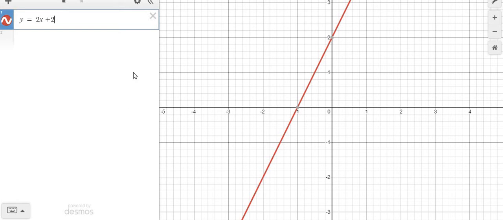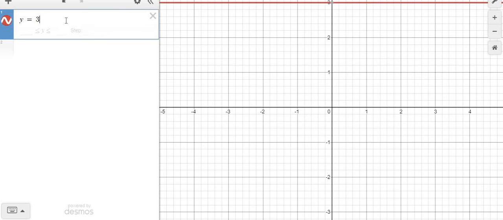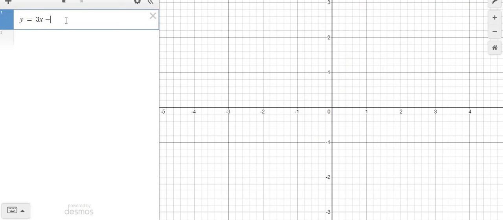Okay, now how would you figure out the linear equation if we were given a line? So let's do a different one. Let's do 3x minus 1.